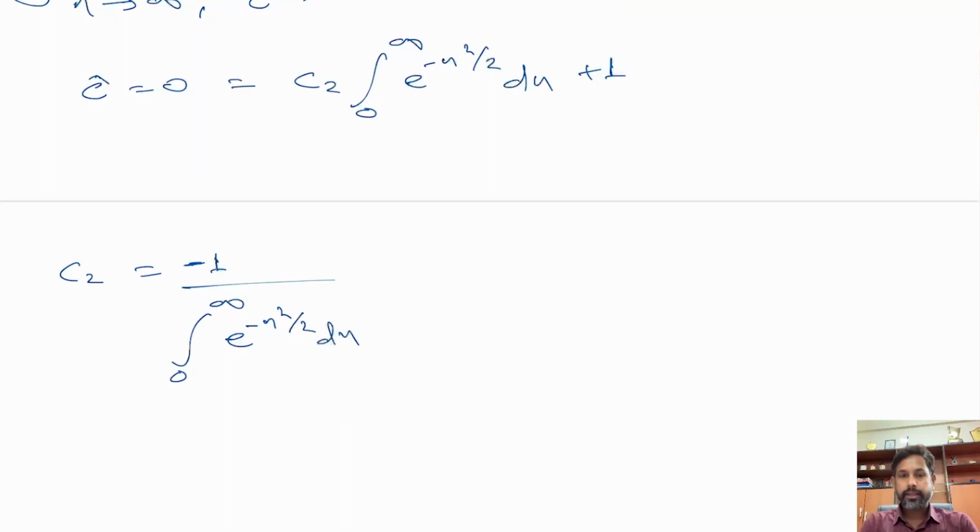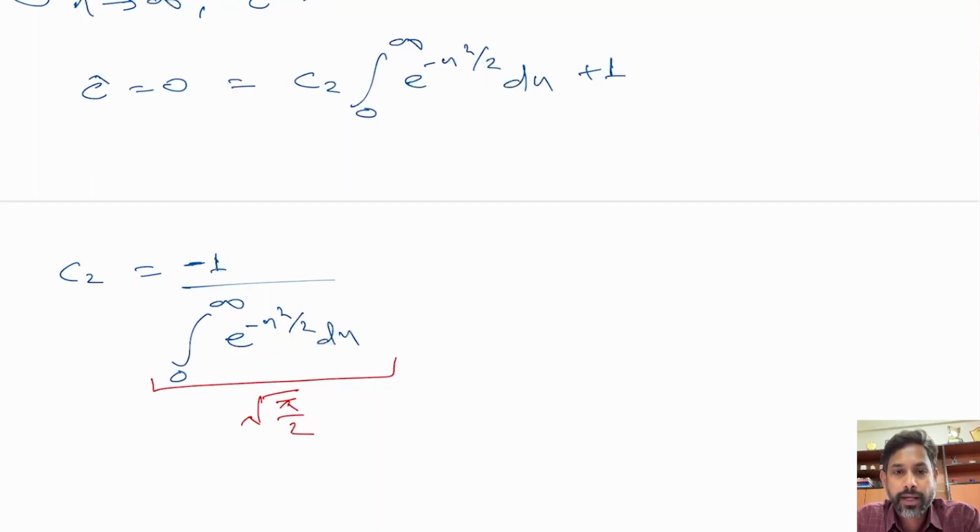While this looks like an arbitrary integral, if you solve for this particular integral or calculate it using software like MATLAB, it gives you a particular value of root pi by 2. So this has a closed form.